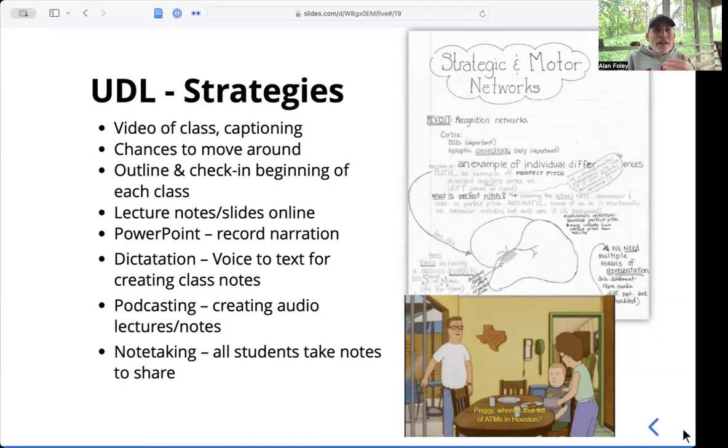That is different than making sure that things are accessible and making sure that there are, even if it is multiple means of action and expression, or different ways of engagement, and different modes of representation. These are not about catering to someone's self-identified learning preferences. So I want to be sure that we make a distinction there.